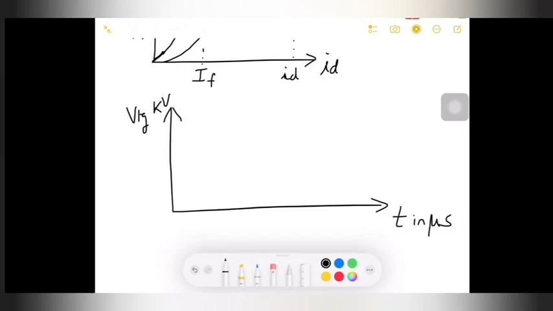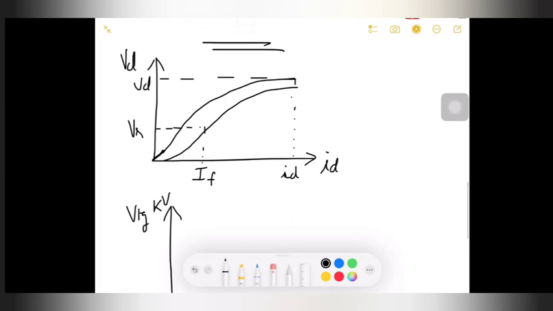Let me explain: VD is nothing but the voltage across the diverter when discharging current ID. ID is the discharge current, and IF is the power frequency current at a system voltage VR.